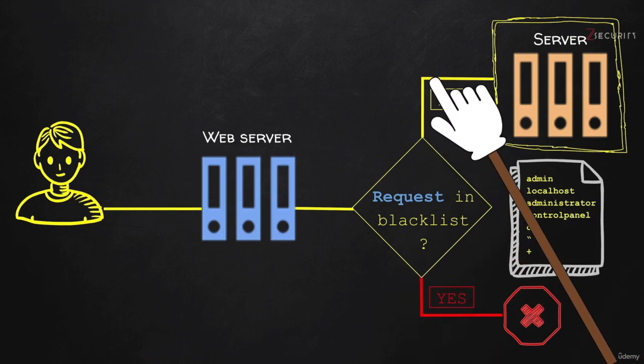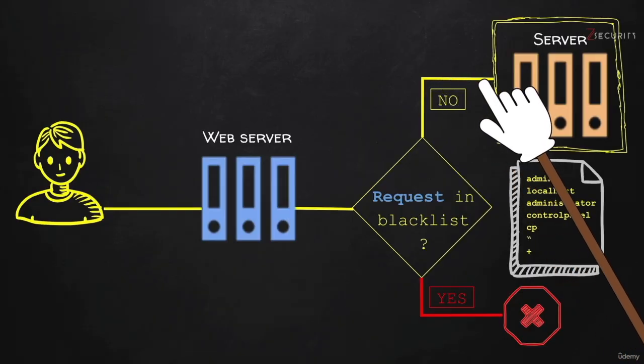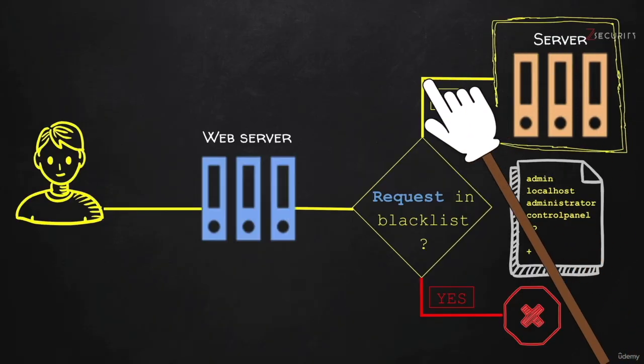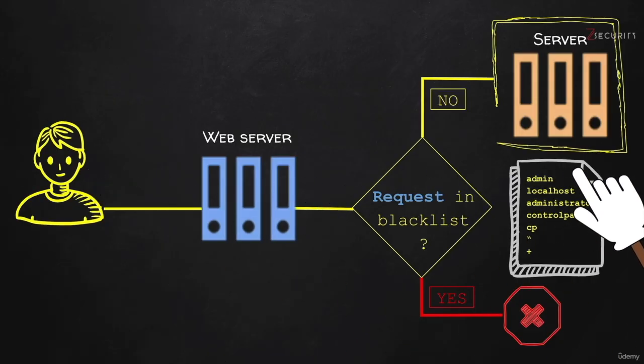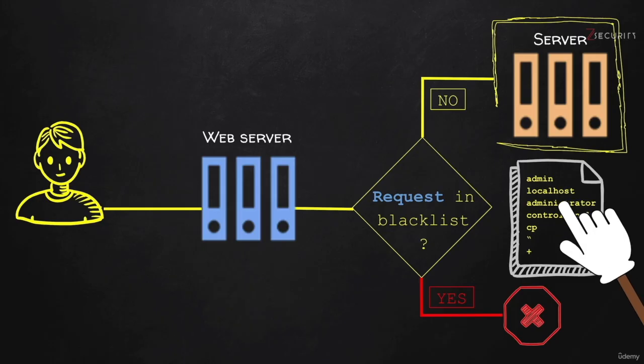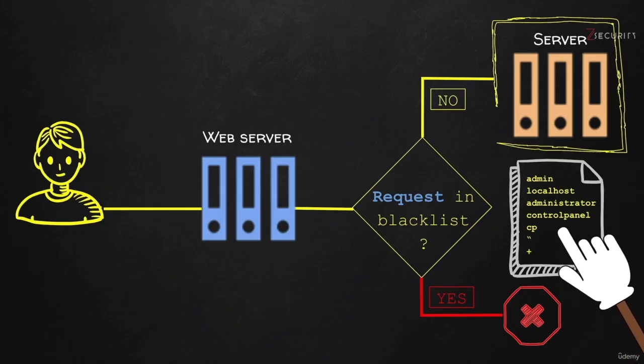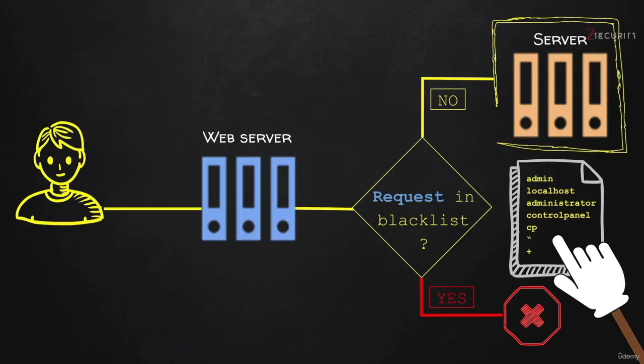If it doesn't, which is a normal scenario when it's just checking for the stock, it will be sent to the server and the response will be sent with the amount of items in stock. Because blacklists include the words that should be blocked, if you manage to ask for what you want in a different way, you will be able to bypass this blacklist.